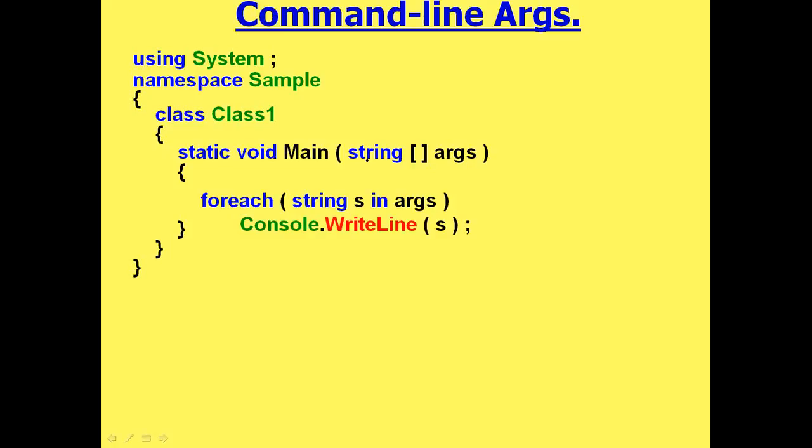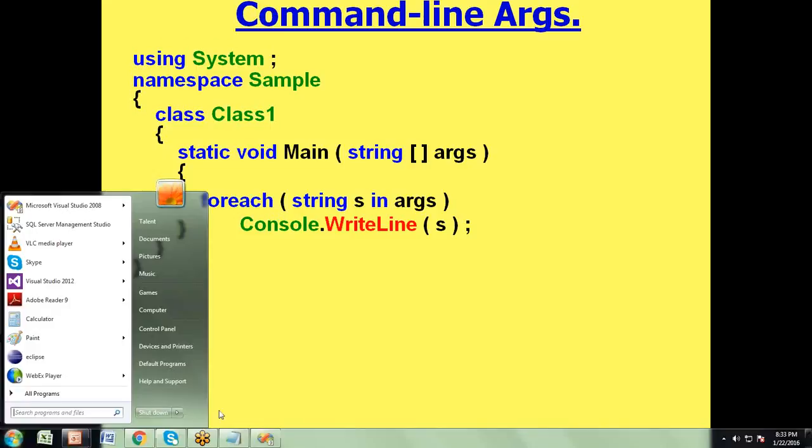Here our array is of type string, so we take a local variable s of type string, in args, and we are going to print the value of s. This is the easiest way to traverse the elements of an array.